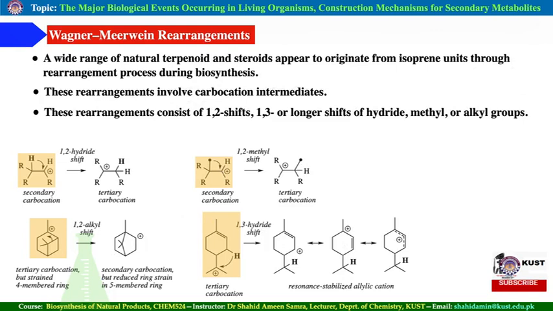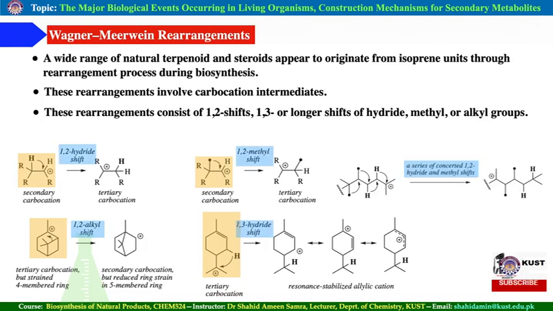Now, when these rearrangements happen, there are different types of shifts, that is 1,2 shift, 1,3, or longer shifts. And these shifts may be that of hydride, methyl, or some higher alkyl group. If you look at the first example, here we have this species that has a positive charge on this carbon. We may regard this carbon as carbon number 1, and the second carbon as carbon number 2.